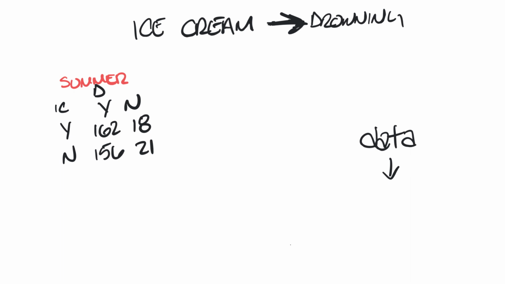And right away, just eyeballing it, you can see 18 is very close to 21, and 162 is very close to 156. And the odds of drowning given that you ate ice cream is 9. And the odds of drowning given that you did not eat ice cream is 7.42. And your odds ratio for this is 1.21, or you have about 21% higher odds of drowning given that you ate ice cream.